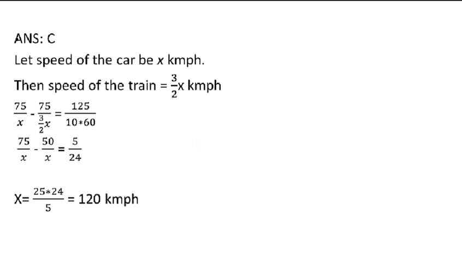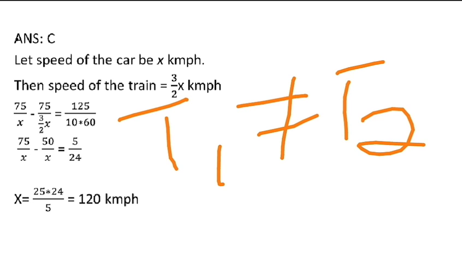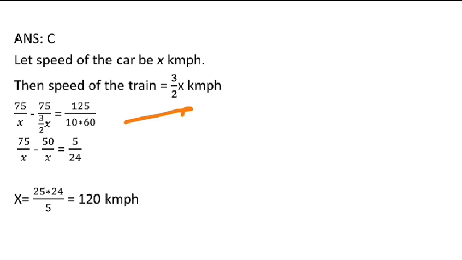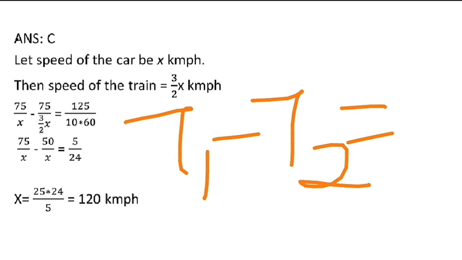So as I said, T1 and T2 are not equal because T1 is more than T2. So T1 minus T2 will be time lost by the train during stops, that is 12.5 minutes.